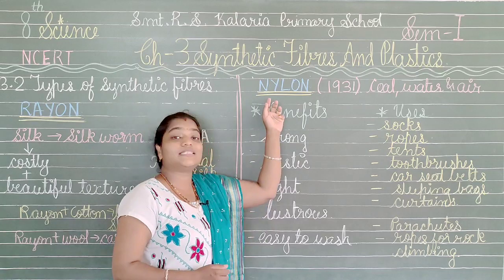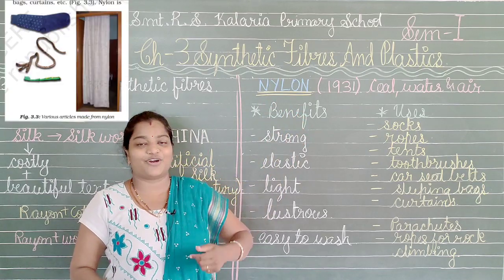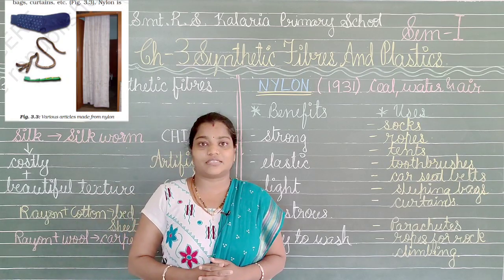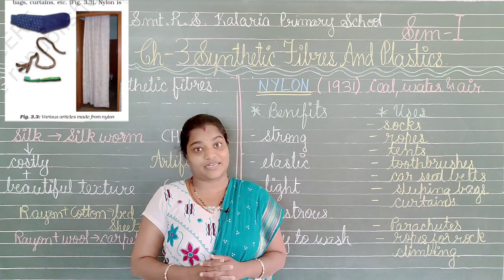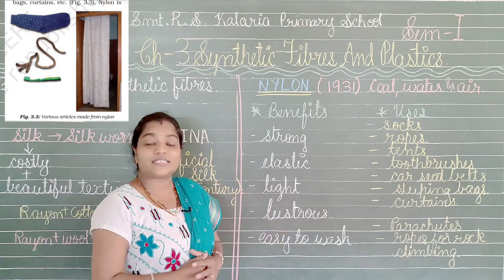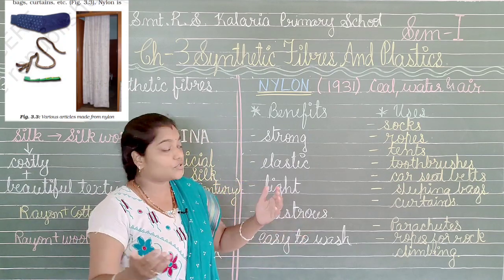Here is the word nylon. Are you familiar with this word? Yes, of course. We have seen nylon things in our houses. The first one is in the monsoon season, when we have ropes at our house made of nylon, isn't it? Now let us have a look at what this nylon actually is.